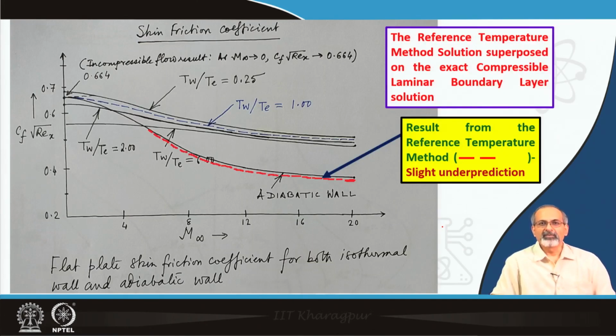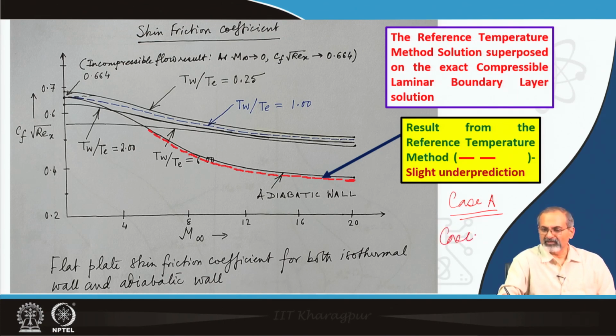And then we remember having done a small problem. Remember that we did the case A, so to say, for compressible boundary layer on a flat plate for conditions at sea level, and then you were also advised to do the case B calculations.